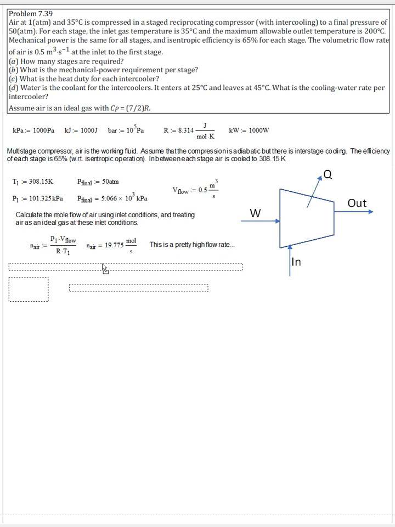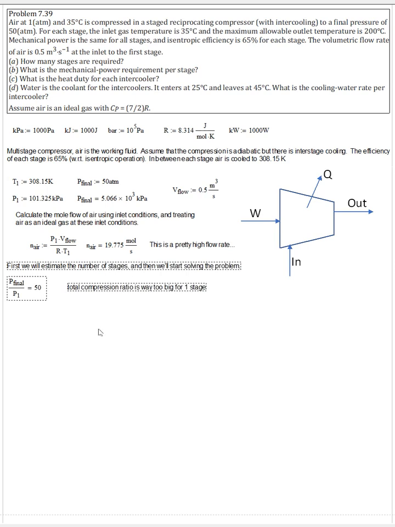The next thing we want to do for a multi-stage compressor is get an idea of how many stages we're going to need. If you remember our rules of thumb handbook for compressors, this is a reciprocating compressor, and our overall compression ratio for the entire thing is 50, which is really high.